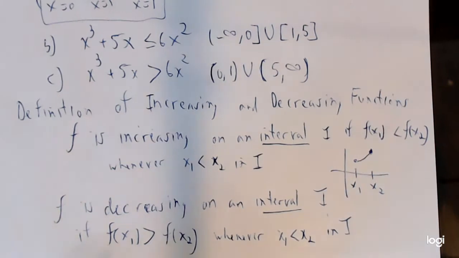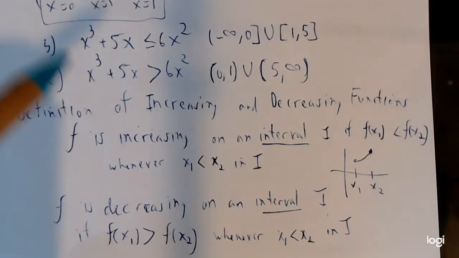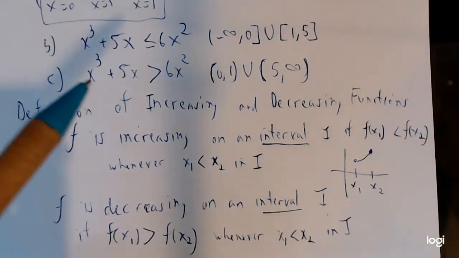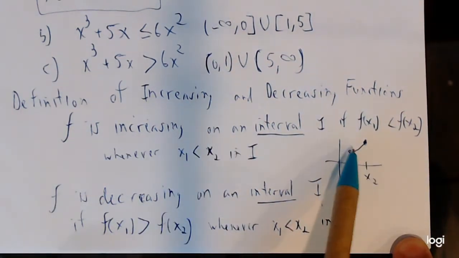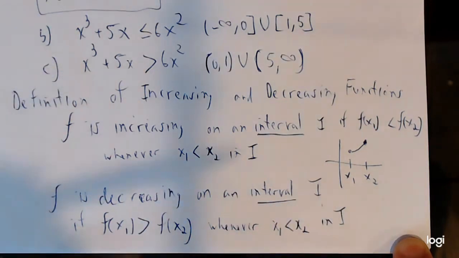So this is now just going the other way, right? If it's decreasing, it's going down from left to right. So the y value on the right side should be less than the y value on the left side. So it's kind of doing the other way around.